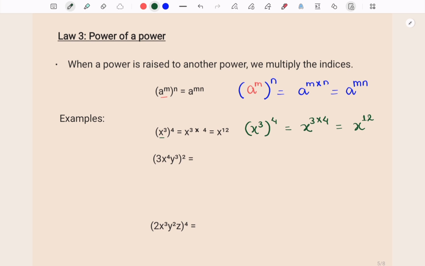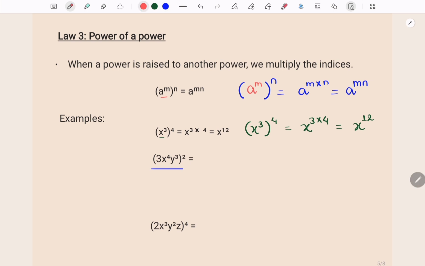Let's take this very interesting example. Here we have 3x raised to the power 4 y cubed and all raised to the power 2. So the interesting thing to learn from here is that the power outside the bracket applies to everything inside the bracket.